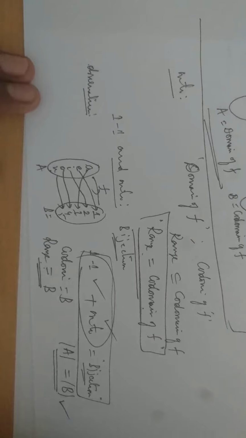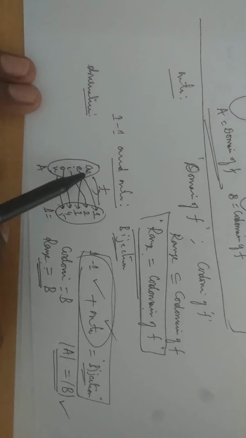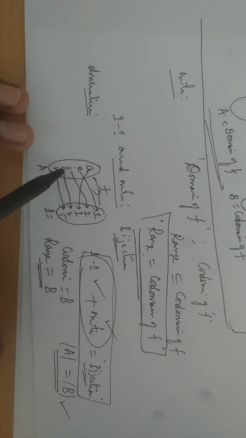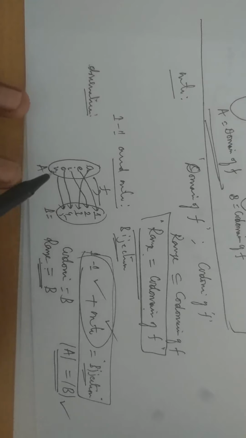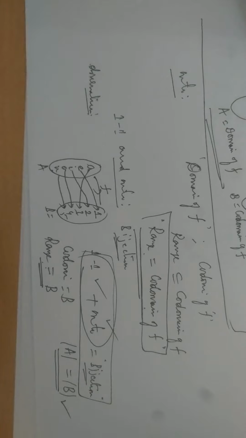Is it clear? So if you have the first set and the second set, and we succeed in finding a 1-1 and onto map, then it's clear that the number of elements in A and B will be the same. Is it clear?